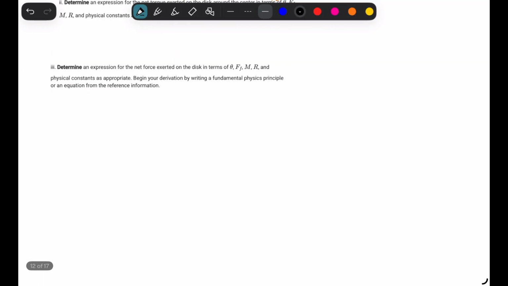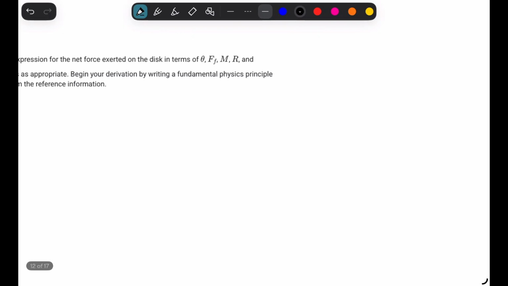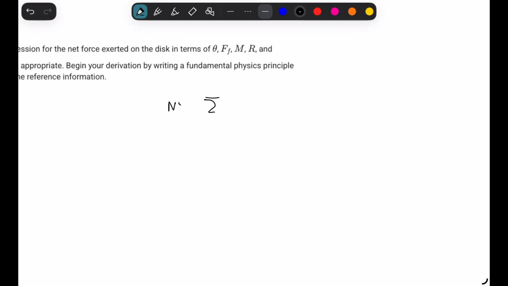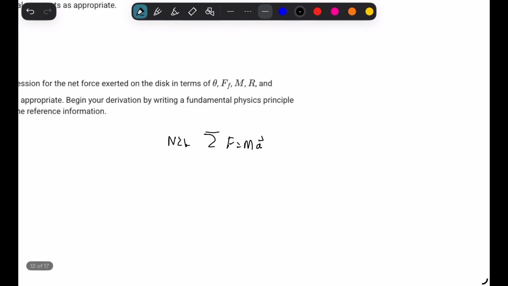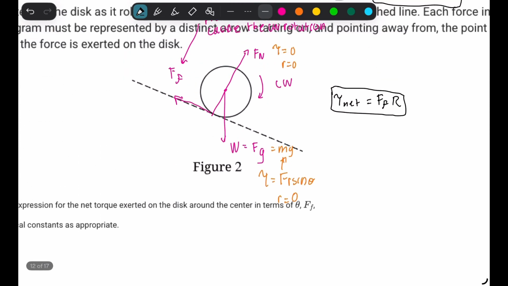Now we want to determine an expression for the net force that is exerted on the disk. In order to find the net force, we always know that we have Newton's second law, which is the summation of forces is equal to the mass times acceleration. We are going to label onto our diagram all the things that we need.